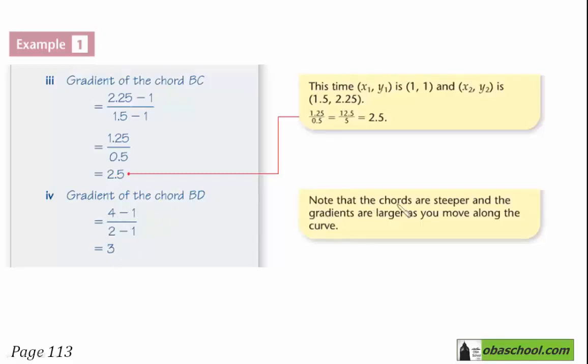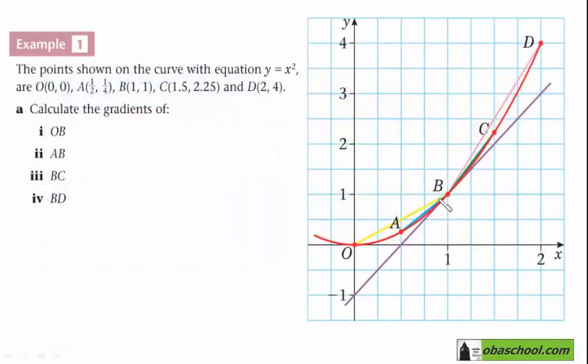We can observe that the chords are steeper at BD, and the gradients are larger as you move along the curve. As we are moving upward on the curve, the gradients are going to be larger. As we observe for BD, as the point D is at a higher level on the curve, then the gradient is larger.